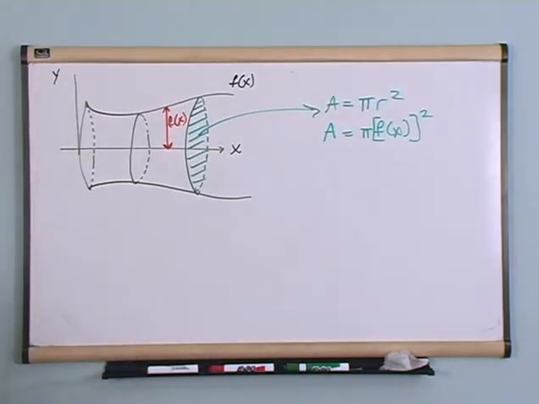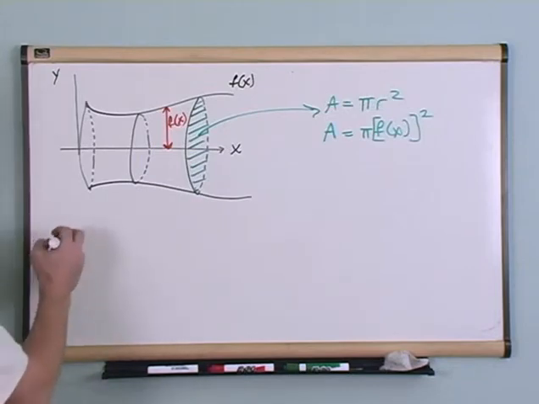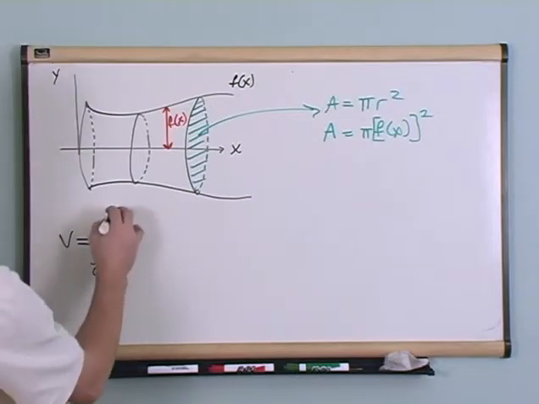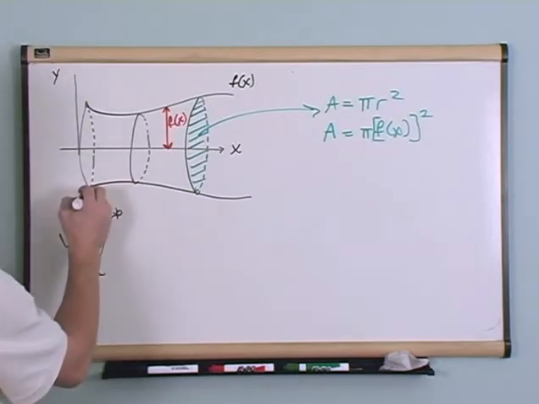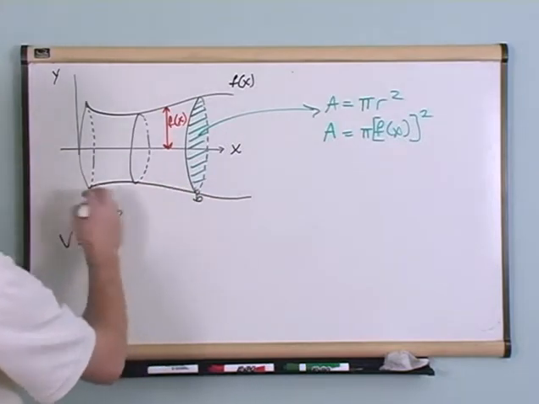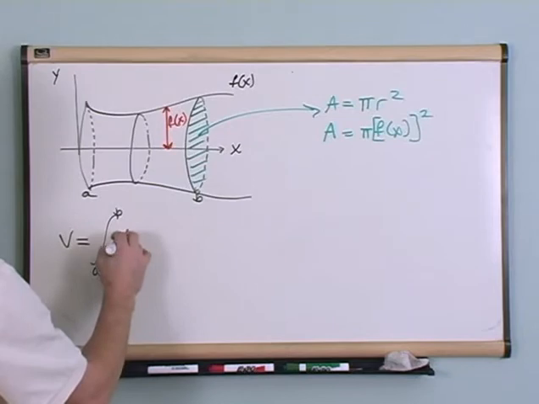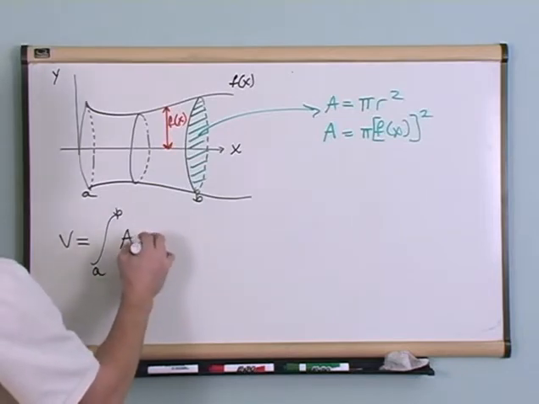I'm going to tell you what the answer is, and then we're going to talk about it. The volume of this vessel can be defined by an integral from a to b, where x is equal to a and x is equal to b along the curve, of the cross-sectional area over dx.